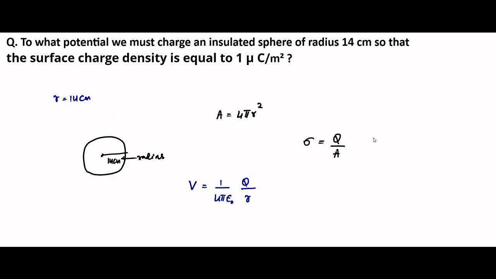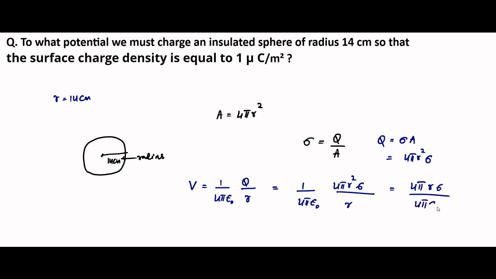The charge q will be equal to the surface charge density multiplied with the area, that is equal to 4 pi r square sigma. So this will become 1 by 4 pi epsilon 0 times 4 pi r square sigma by r, which will be equal to 4 pi r sigma by 4 pi epsilon 0.